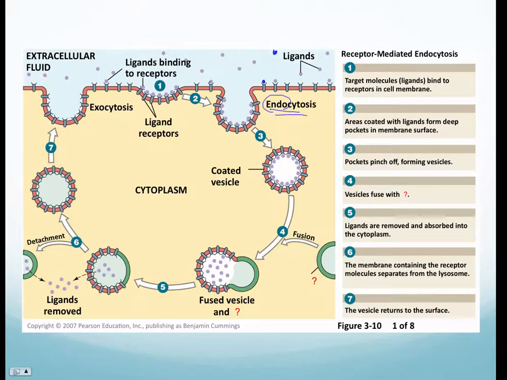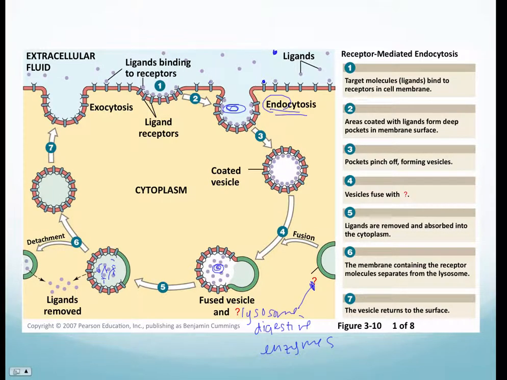And if we're going to break it down, we can fuse it with something called a lysosome. It's one type of organelle, and this contains digestive enzymes. So especially if this is a bacterial cell, you can bring it in, fuse it with your lysosome, and over time it's going to start breaking it down.